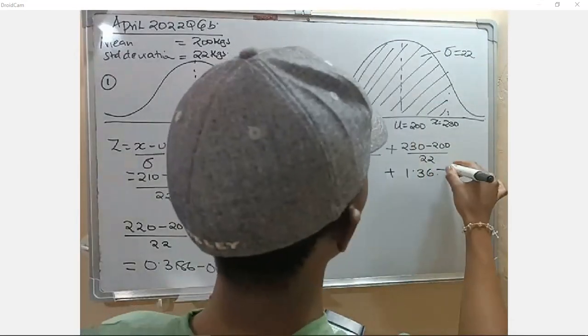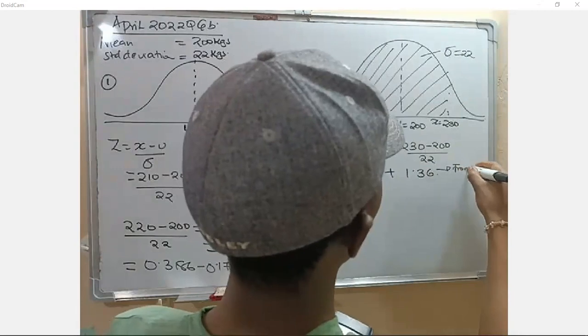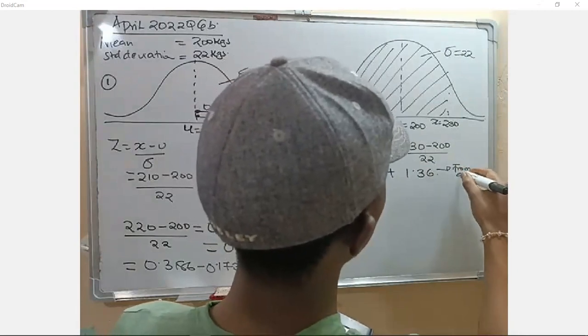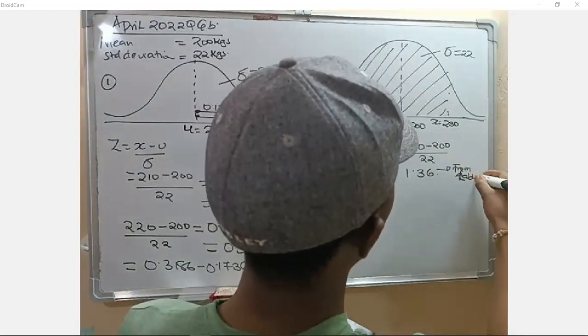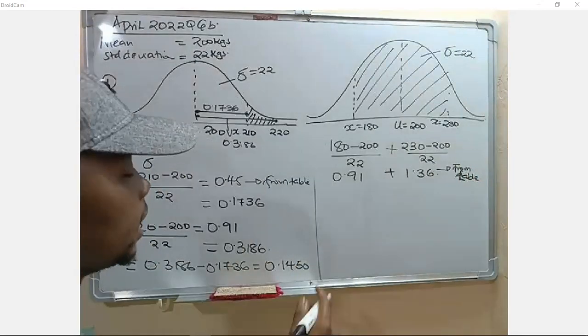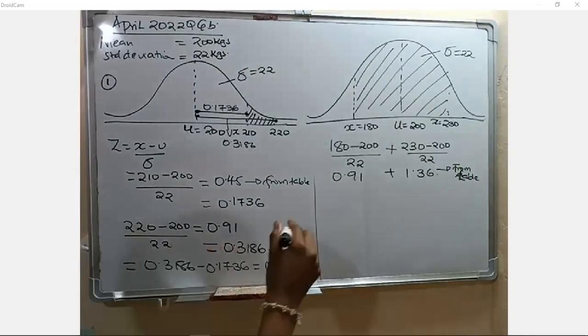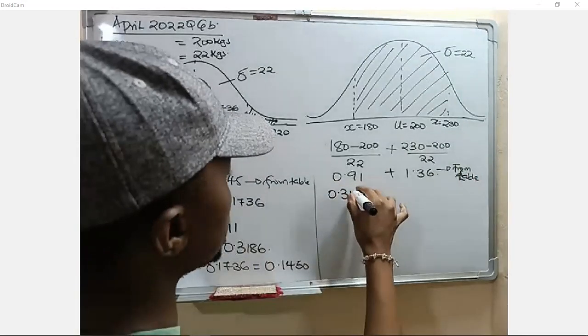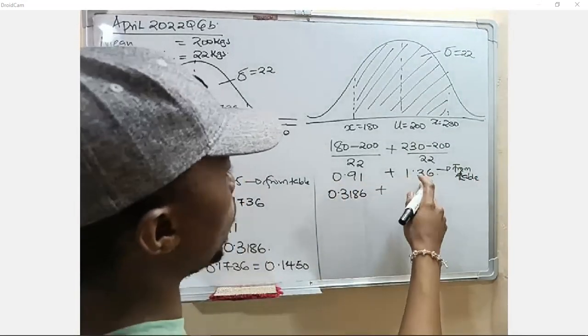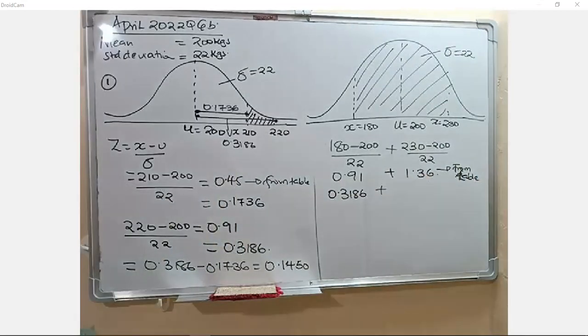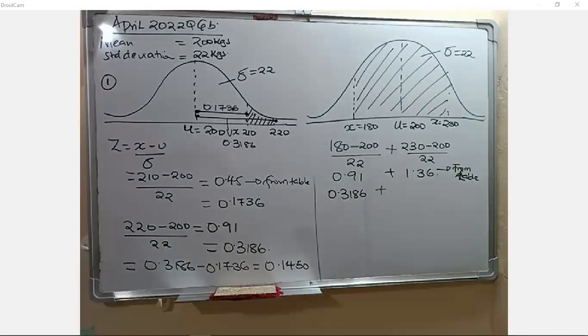Then these ones you go and look from the table. Don't add them at this stage from the table. Then in this case, 0.91, we were able to get it somewhere, which we got 0.3186. Now, how much is 1.36? Let me go back to my table. So our table shows us.